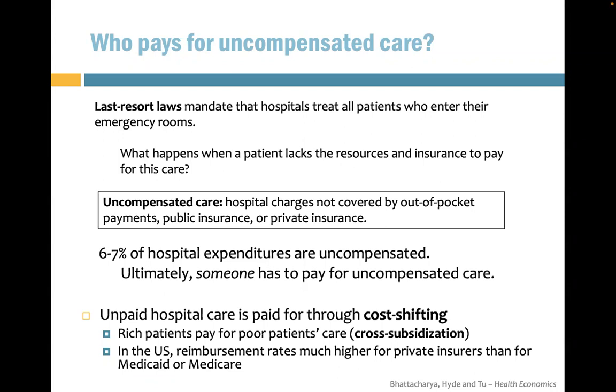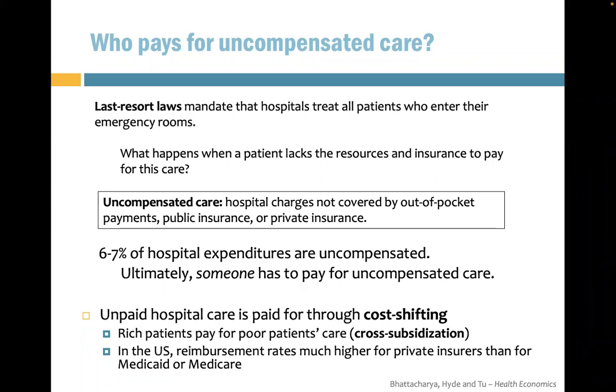And when there is care that is not compensated, someone has to pay for it, right? Because eventually, even though this patient doesn't pay for the service, hospitals, let's say physicians or nurses, still have to get their salary. So we call that cross subsidization or cost shifting.